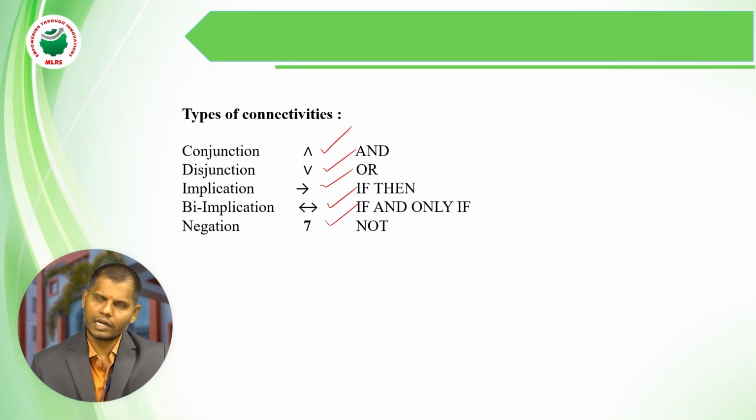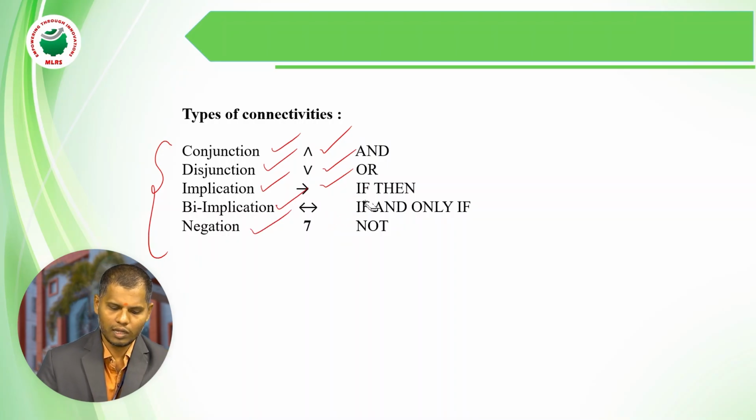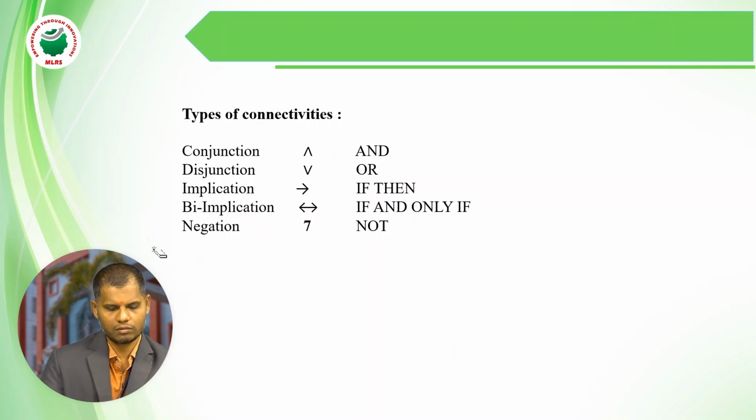So the types are: and, or, if-then, if and only if, and not. In terminology, they are called conjunction, disjunction, implication, biimplication, and negation.